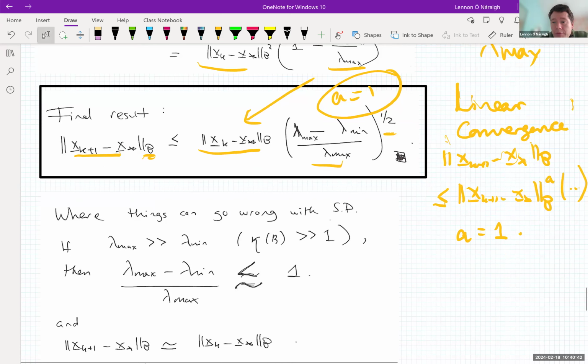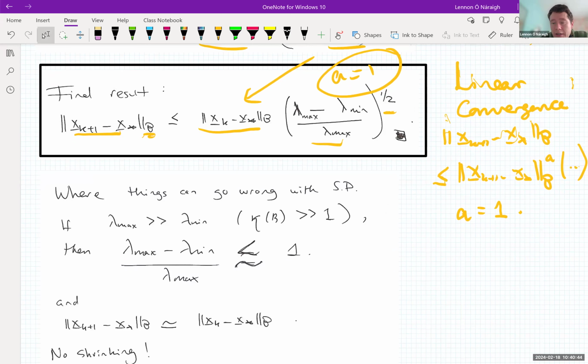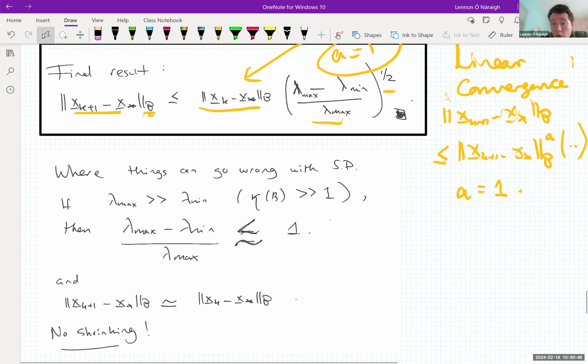And we just make a comment in passing where things can go wrong with the steepest descent method. And it goes back to the condition number. So if the condition number is very large, then there's a very big separation between the maximum eigenvalue and the minimum eigenvalue.